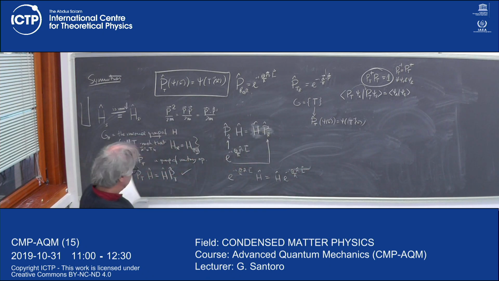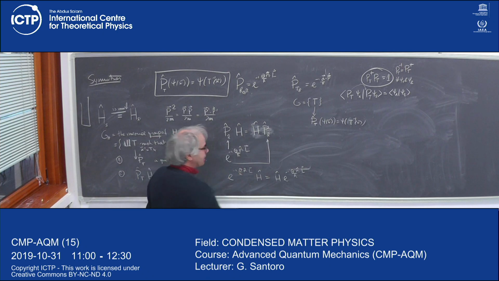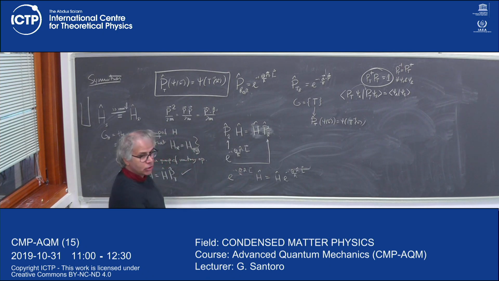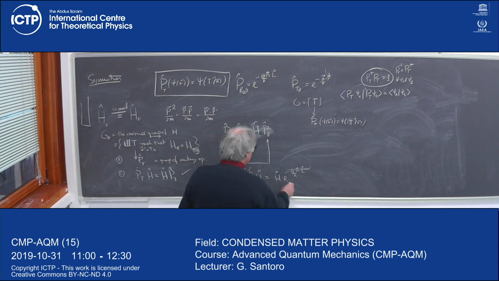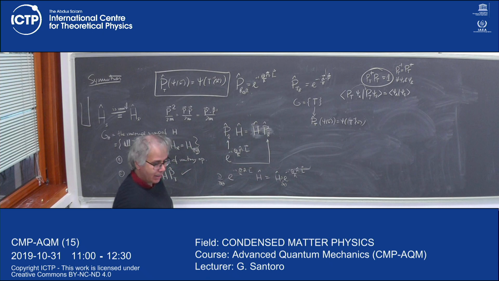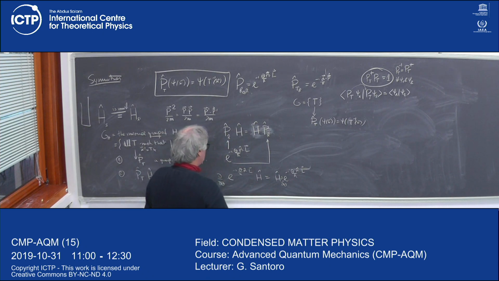Theorem. Take the derivative with respect to theta of both sides, here and here. In fact, here I can take it directly here. Careful, however, don't bring the operators around too widely. So here, what I get is minus i n dot L over h bar times the same object.